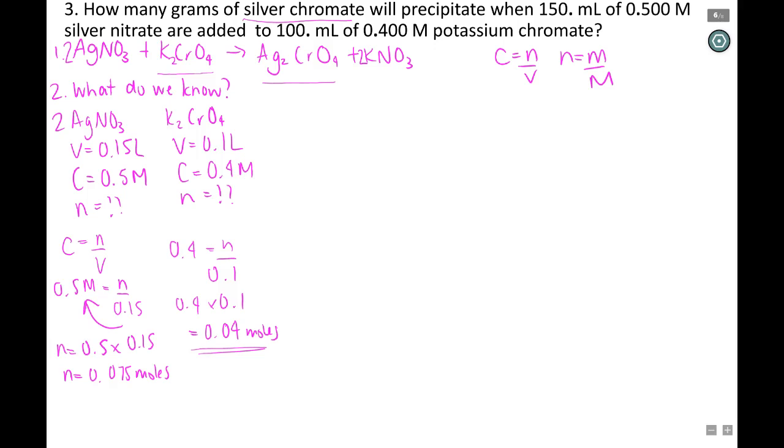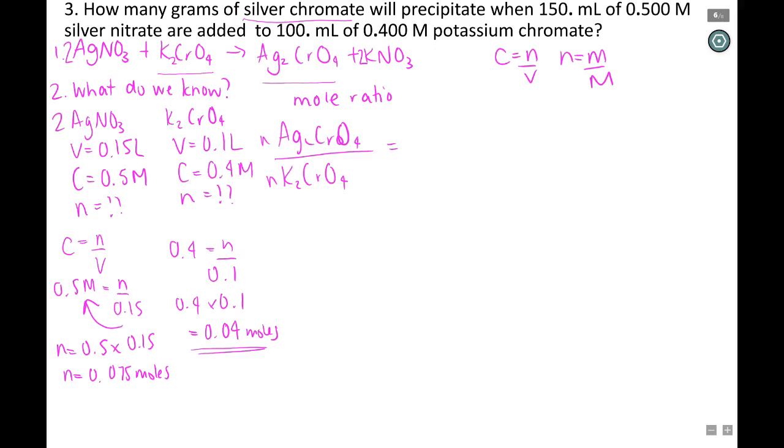Okay? So we have our mole ratio, we have our unknown on the top, which is our silver chromate, N, and on the bottom we have our known, which is our limiting reactant, our potassium chromate.